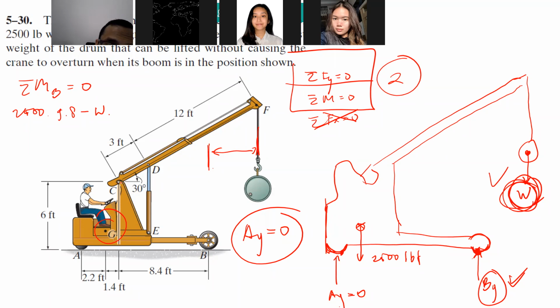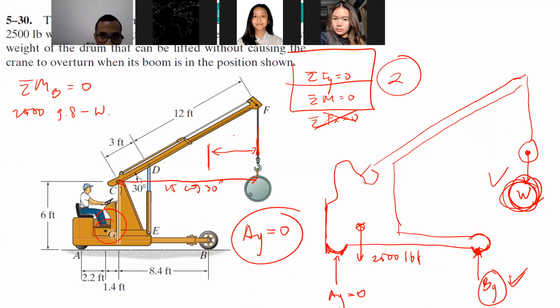We multiply 15 feet by cosine 30. Because we will get this, right? So this one is 15 cosine 30 degrees.